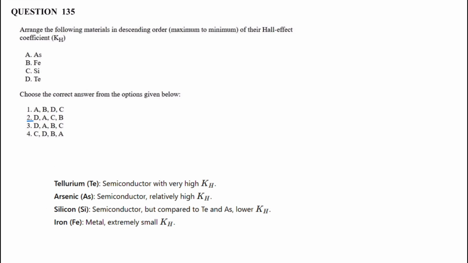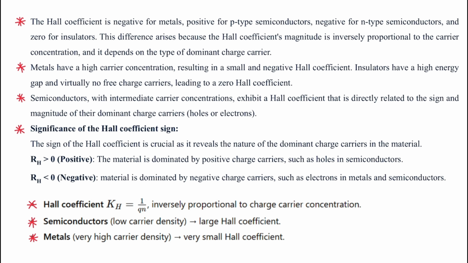Question number 135. Arrange the following materials in descending order of their Hall effect coefficient KH. The Hall effect coefficient is negative for metals, positive for p-type semiconductors, negative for n-type semiconductors, and 0 for insulators. Metals have higher carrier concentration, resulting in small and negative Hall coefficient. Insulators have high energy gap and virtually no free charge carriers, leading to 0 Hall coefficient.